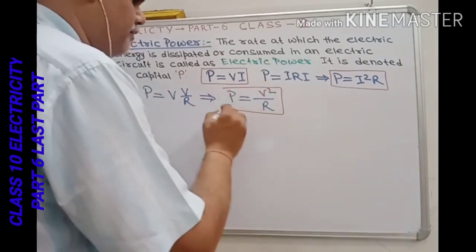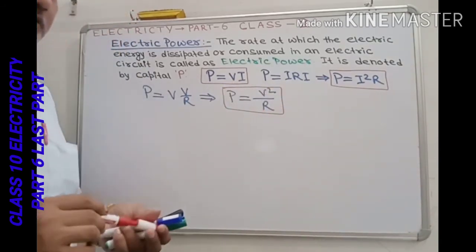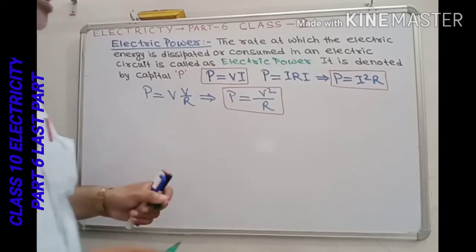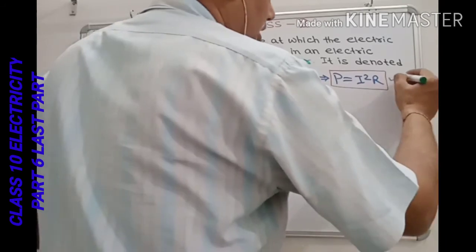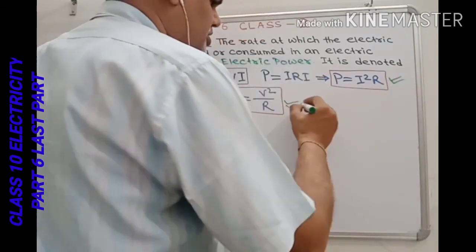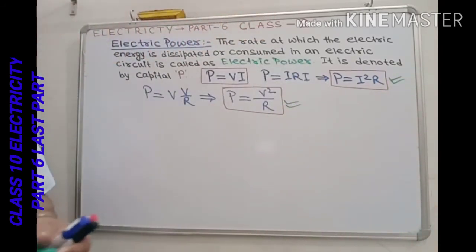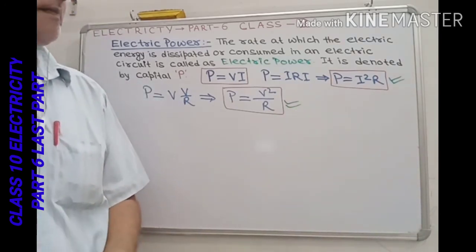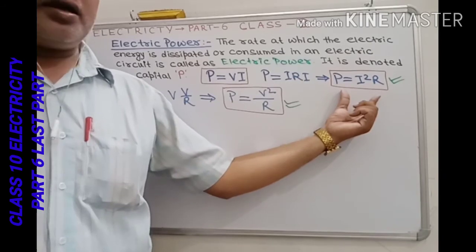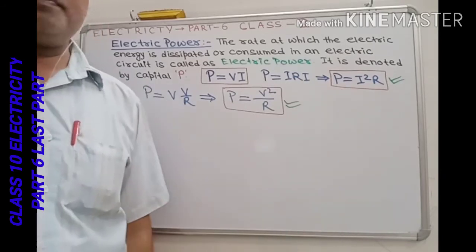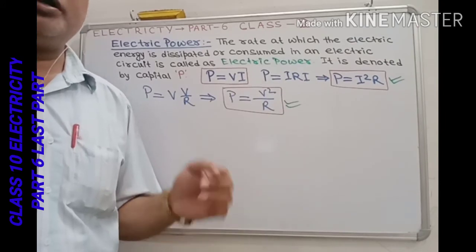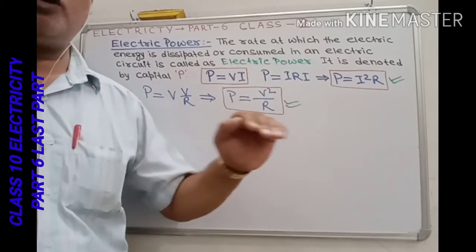Now, a very simple question generally asked in the examination: this equation is also for power and this equation is also for power, then what is the use of each? As we can see here, the resistance is provided, and we know that in series combination the resistance is the sum of all the resistances.